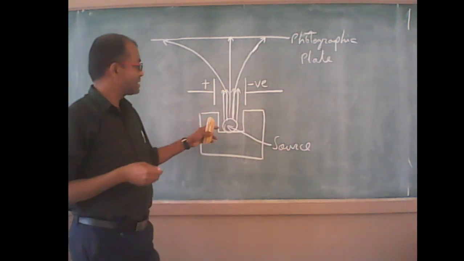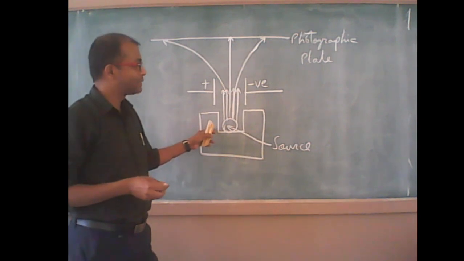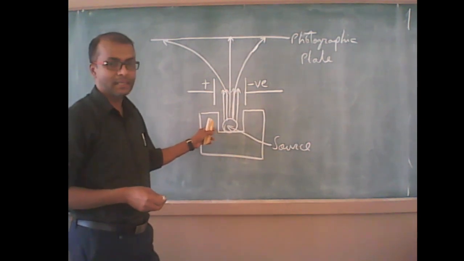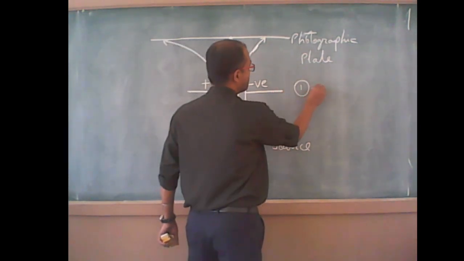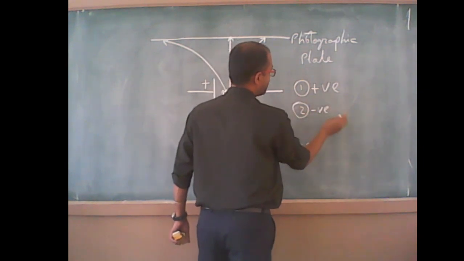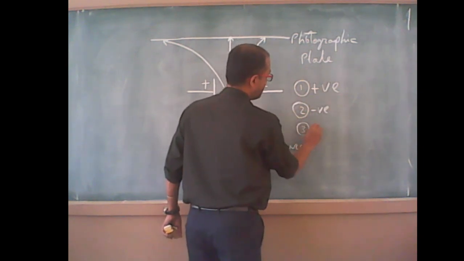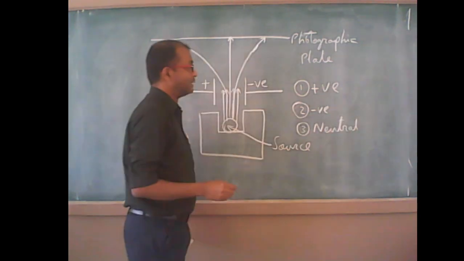So it simply means that during the process of radioactivity, 3 kinds of particles and radiations are emitted. The first kind are the positively charged, second the negatively charged, and third, the neutral or uncharged.